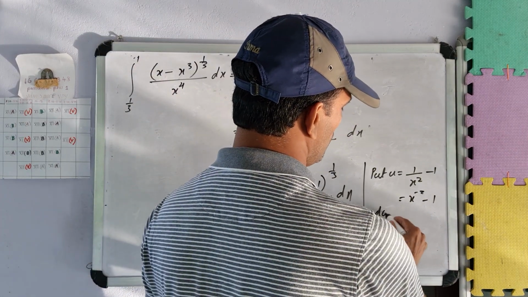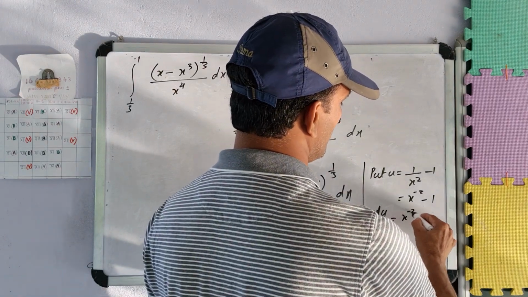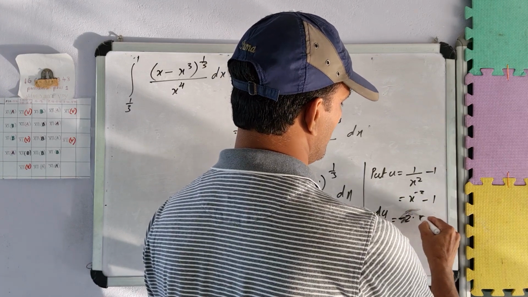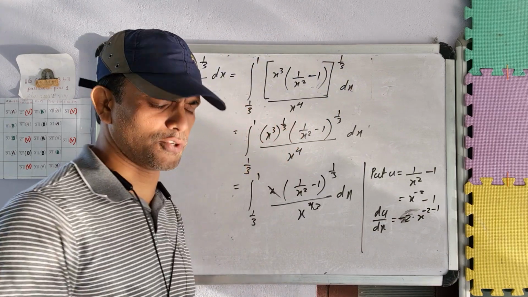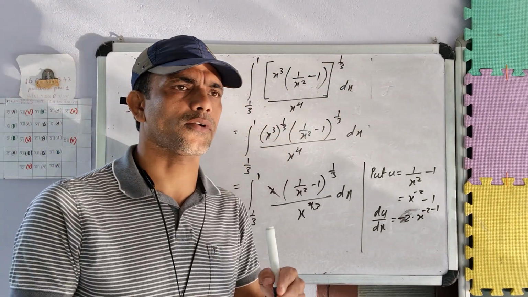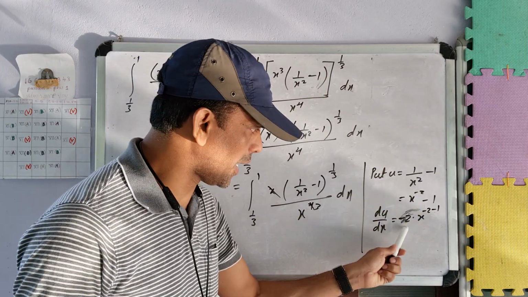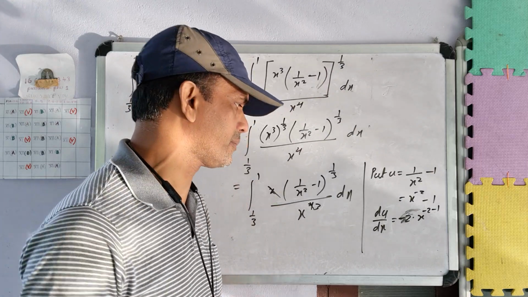Now du over dx equals negative 2 times x raised to negative 2 minus 1. That's differentiation. So d by dx of x raised to n equals n times x raised to n minus 1. Negative 1 is a constant, its derivative is gone.